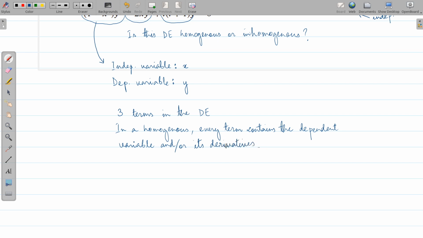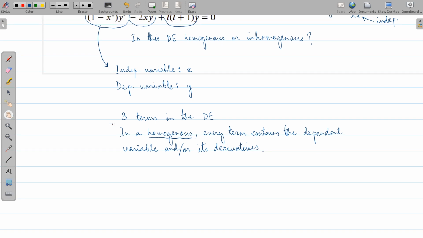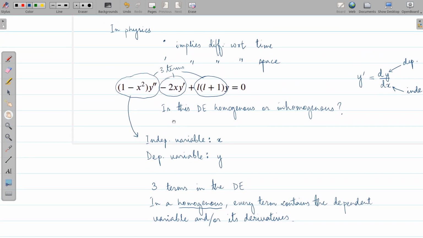Okay, if this is true, if you look at every term, if it contains the dependent variable and or its derivatives, then it's a homogeneous differential equation. Now tell me, is it homogeneous or inhomogeneous?